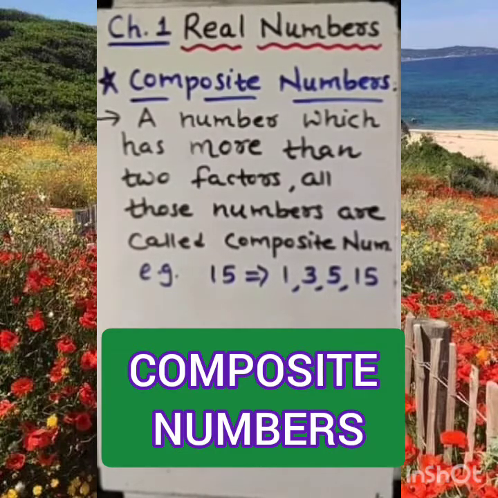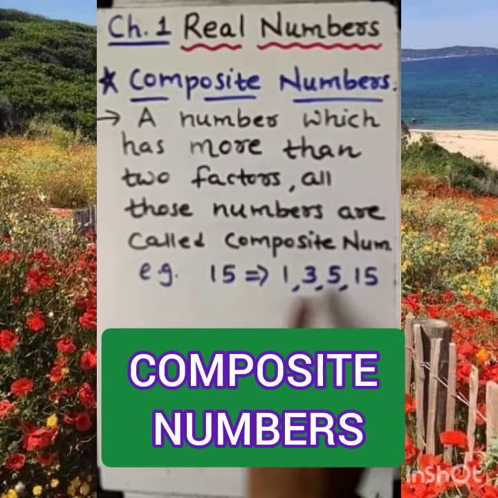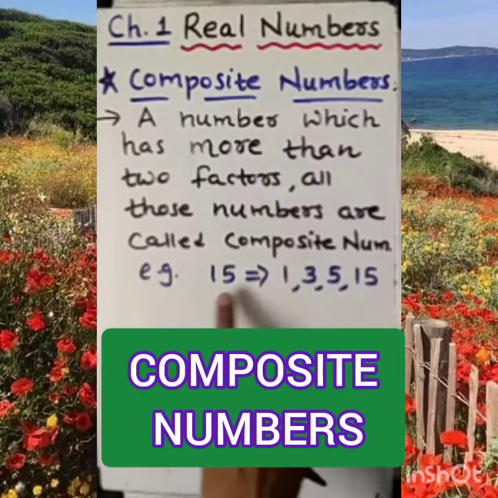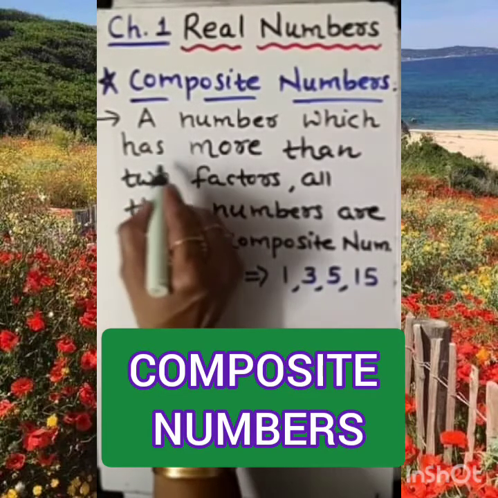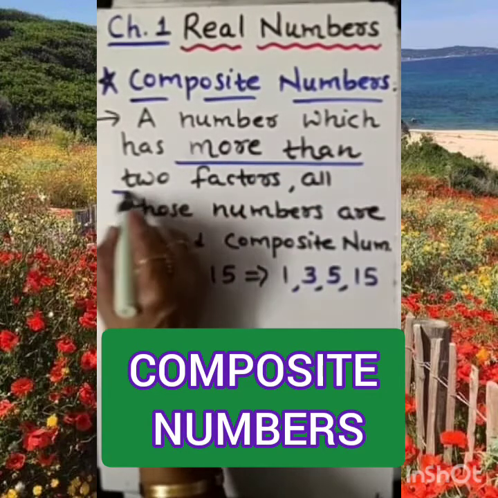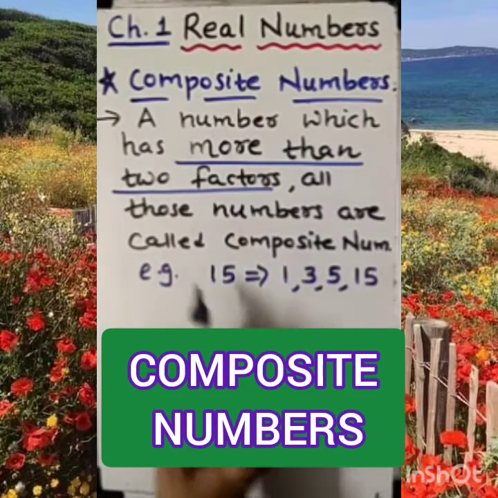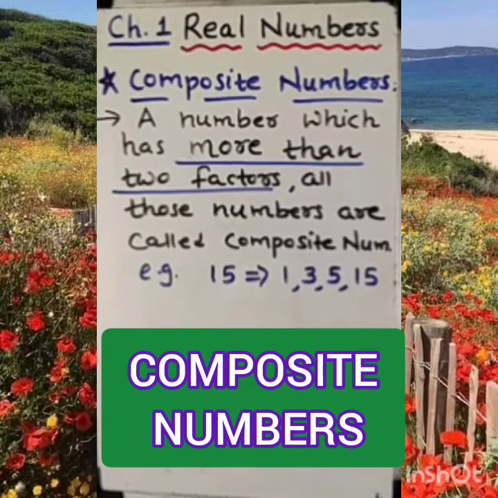So, my dear student, here you can see 1, 3, 5, 15. In such a way, this 15 has four factors. So, dear student, whenever a number has more than two factors, then that is called a composite number. So, according to that, 15 is a composite number.